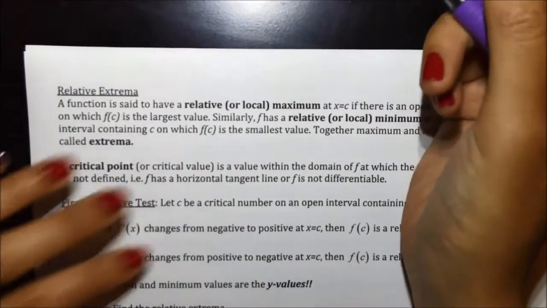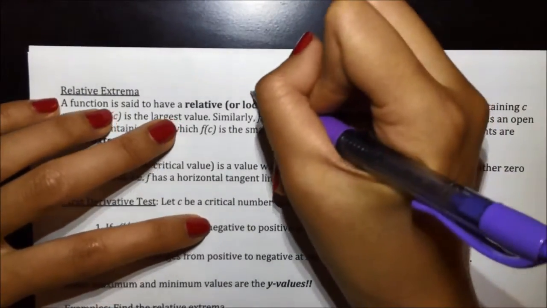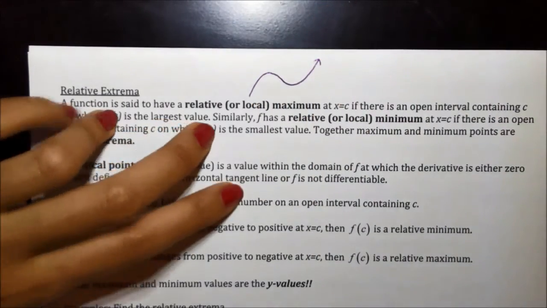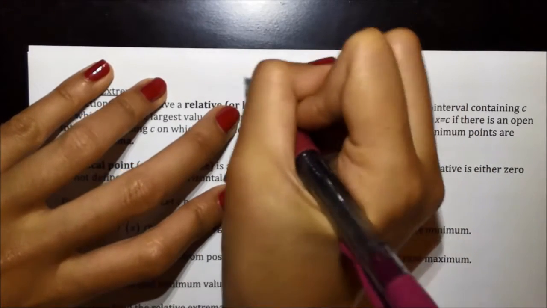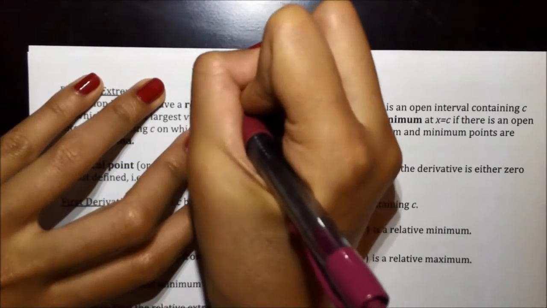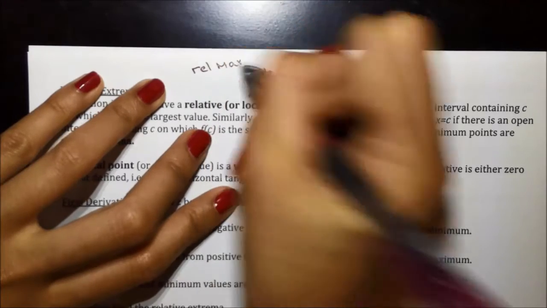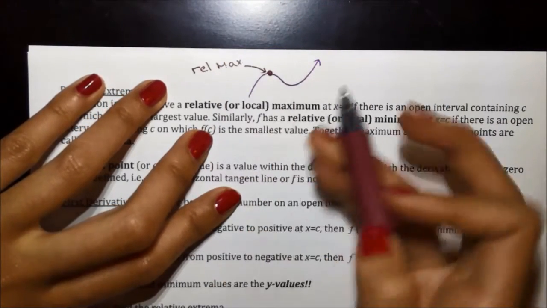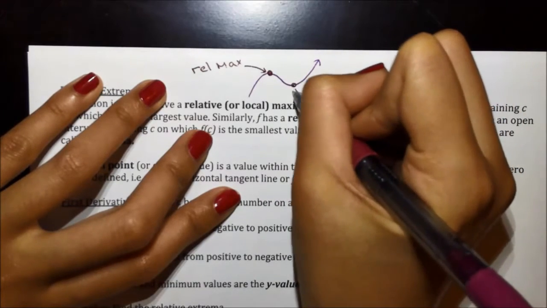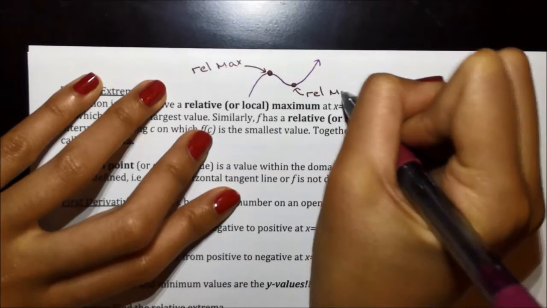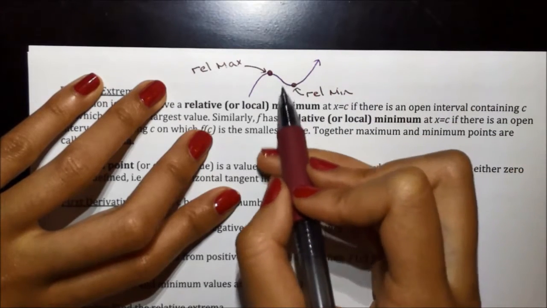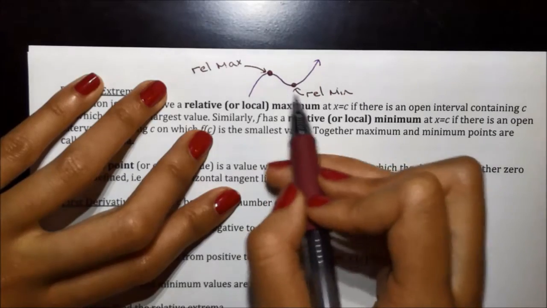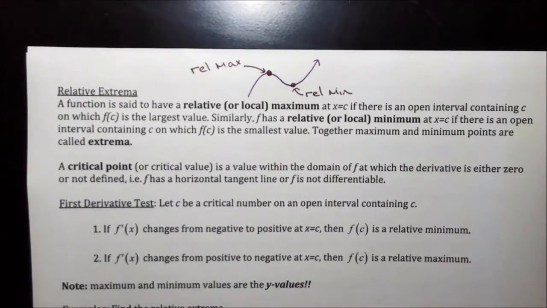So if I were to draw a graph kind of like this, this point right here would be my relative max, because it's the maximum relative to the area that it's around. And this one right here is going to be my relative min. It's my lowest point just relative to the area that I'm around, or locally. So it's the smallest point locally.